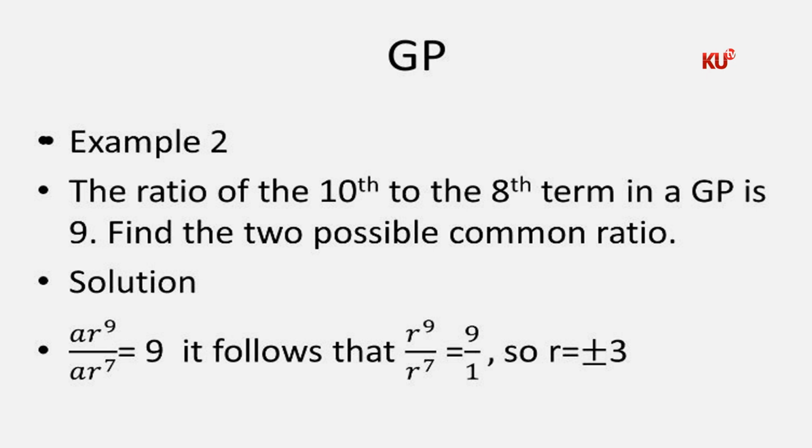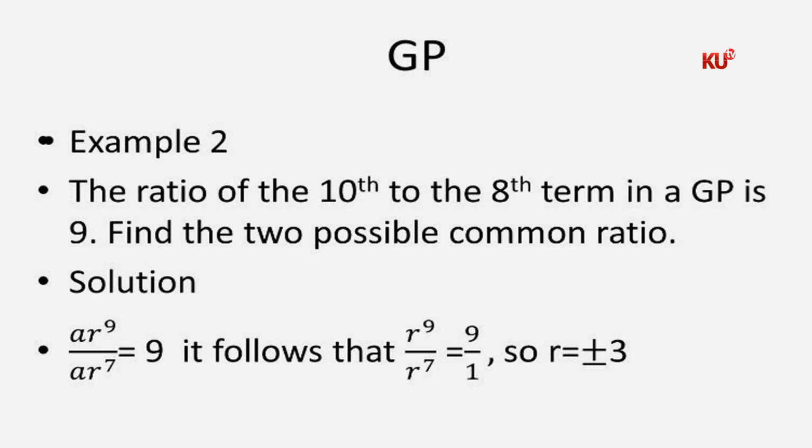These are the kind of questions they'll always bring for you at the KNEC or KCSE exam. They are telling us the ratio of the 10th to the 8th term of a GP is 9.